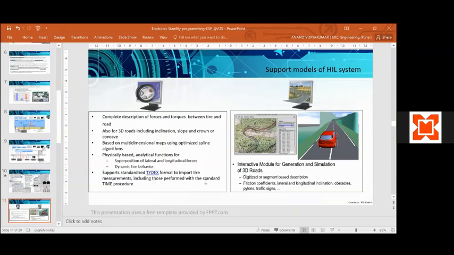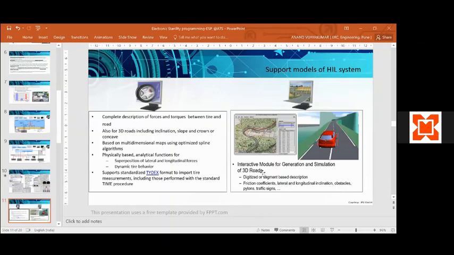Everyone is using it, and the other aspect is the road. The road model is another vertical, I can say. This is very important, because the altitudes, longitudes and lateral inclinations, all these parameters are very important.